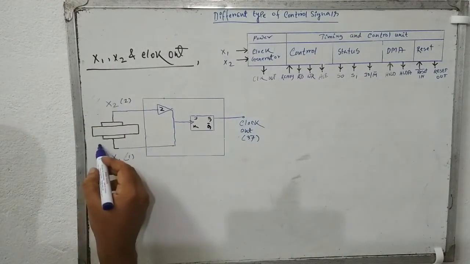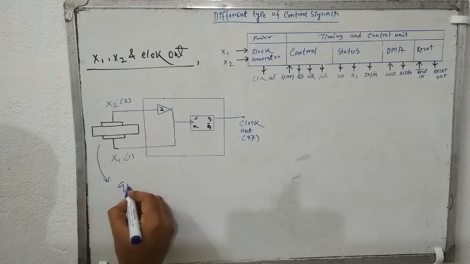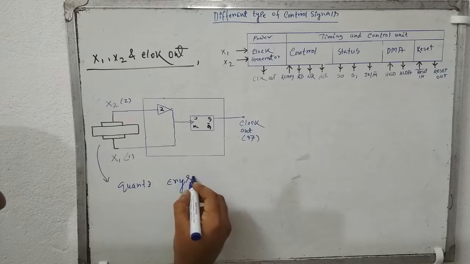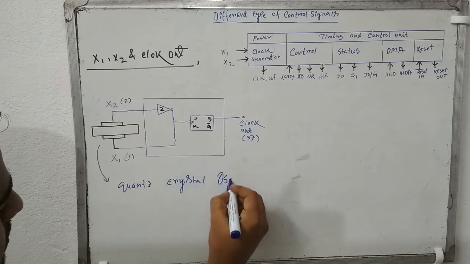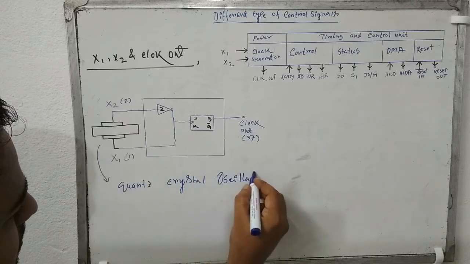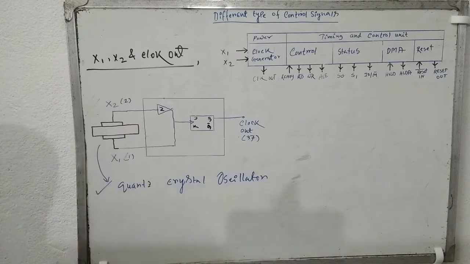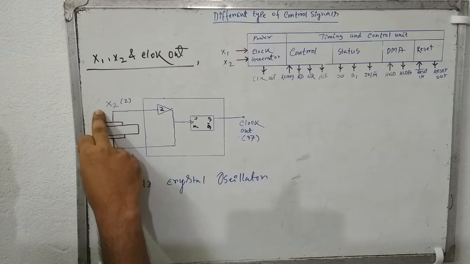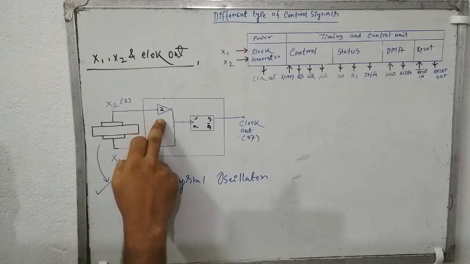And what is it called? It's called a quartz crystal oscillator. The quartz crystal oscillator produces some frequency and passes that frequency to the Schmitt trigger that is connected over here.